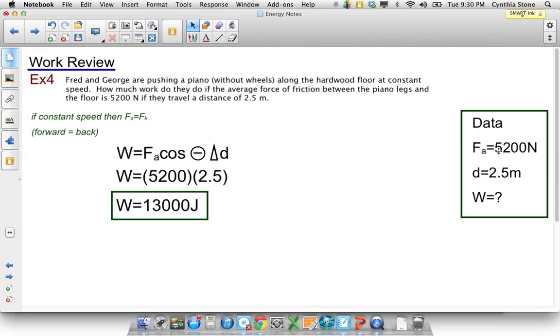And we know the distance. We just want to find work again. No angle, so cos of theta is just 1, and pretty easily just 13,000 joules. And again, I don't know if that's a good number, but we do know that 5,000 times 2 is 10,000, so times 2.5 is about 13,000, so the number makes sense.